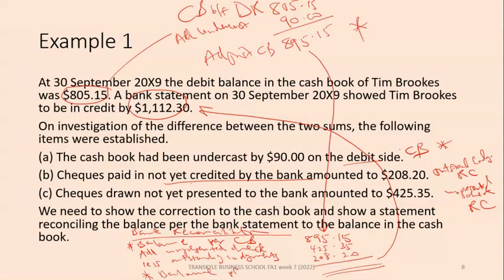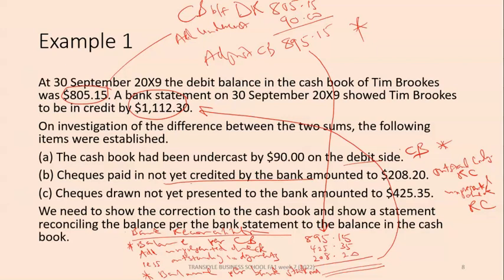Balance per bank statement. Because remember, the purpose of the bank reconciliation is to make a comparison between the balance per cash book and the figure on the bank statement.